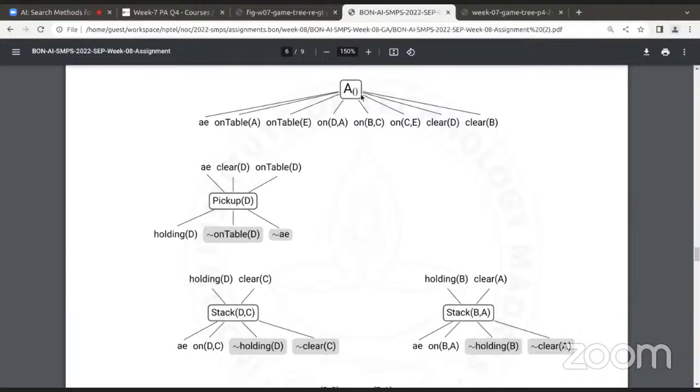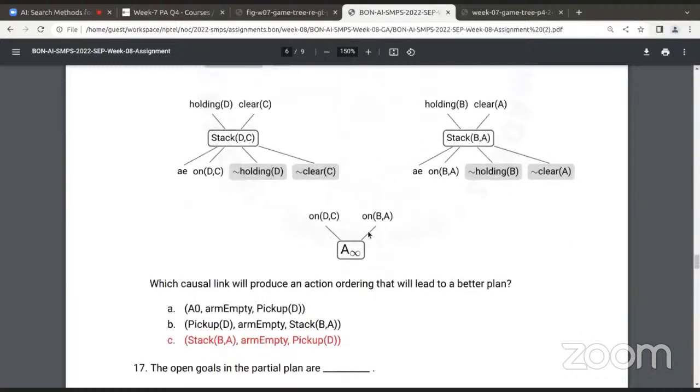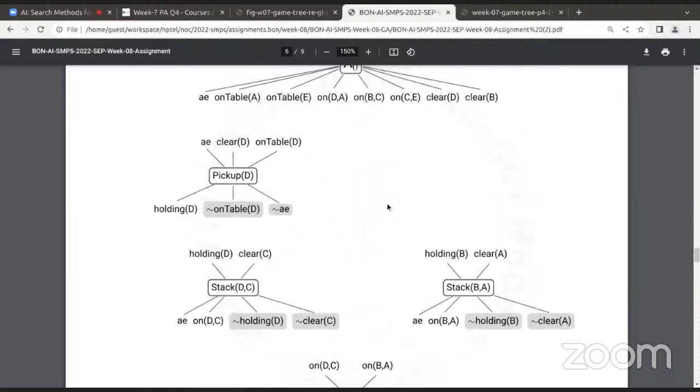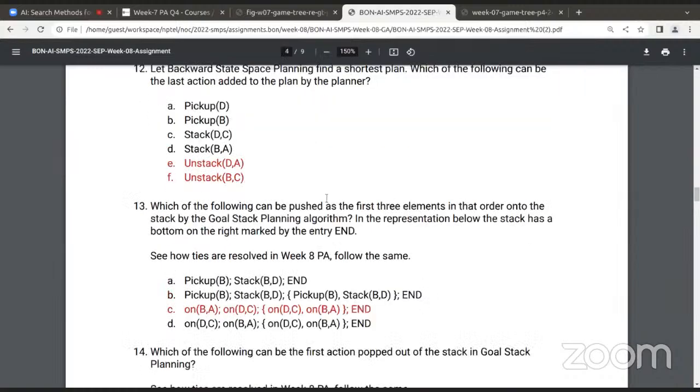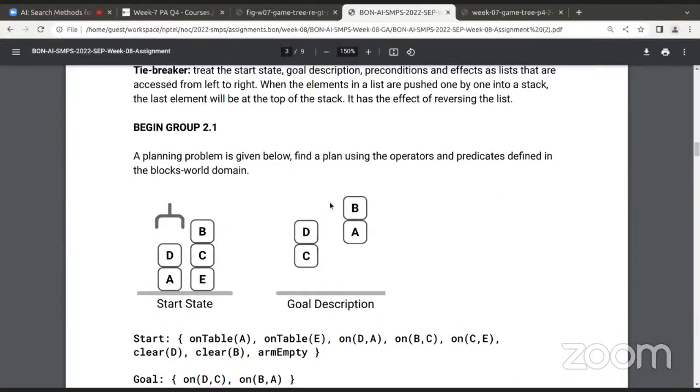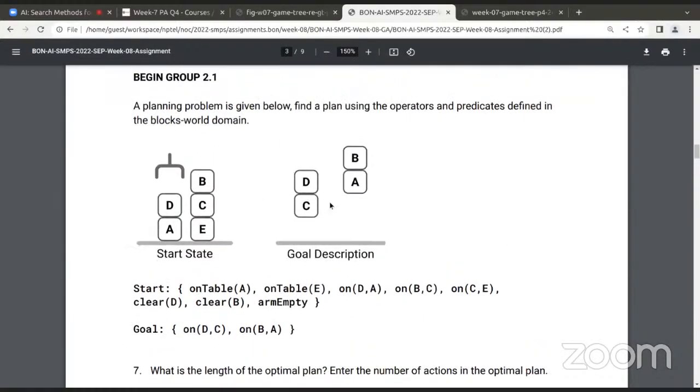A naught is the first action. It's a dummy action that holds on to the current state, and A infinity is the last action that holds on to all the goal conditions. Now, after A naught, the first action cannot be pickup D. Why? Let's go to the picture here. Think about it practically.